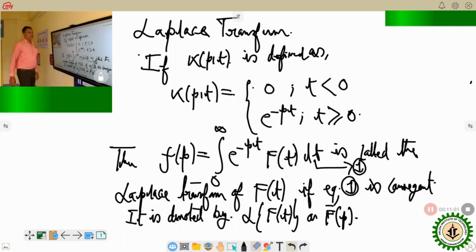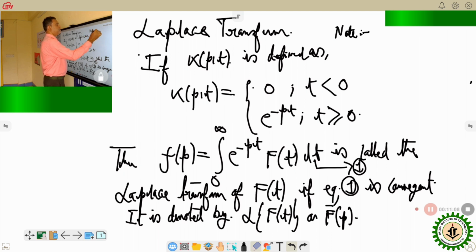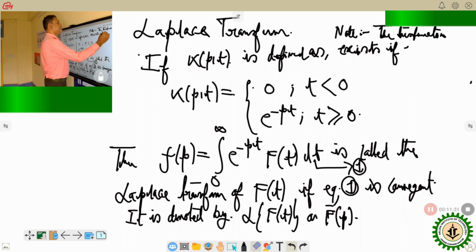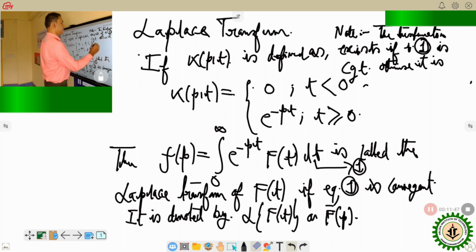Now, we want to note one point here. The Laplace transform exists if the integral in equation 1 is convergent, or otherwise it is divergent.